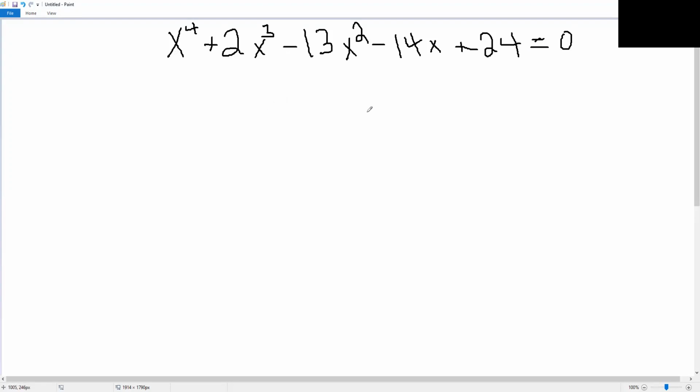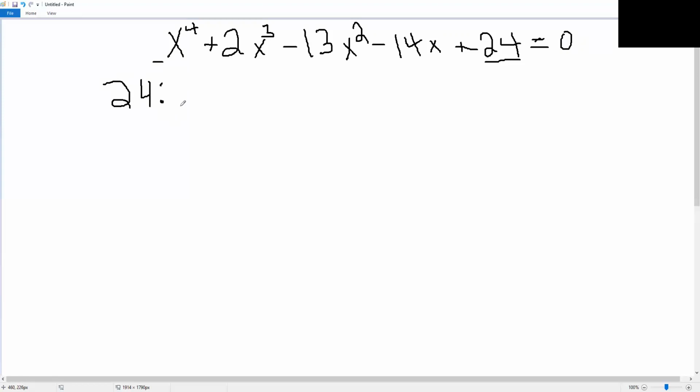Now, first thing we need to do is pull out the possible factors of this polynomial. If you remember how to do that, we took the constant, which is the 24, and the leading coefficient, and we took the factors of them. So I'm just going to do it long ways.